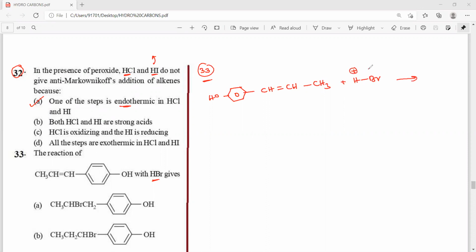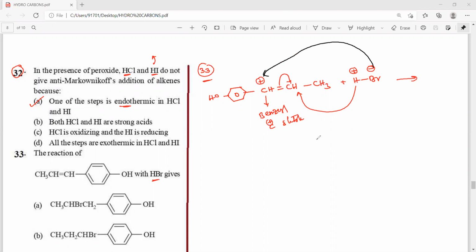H plus and Br minus. First you have to add H plus here and produce a benzyl carbocation. Benzyl carbocation is stable. Then Br minus will be added at the benzyl carbocation.